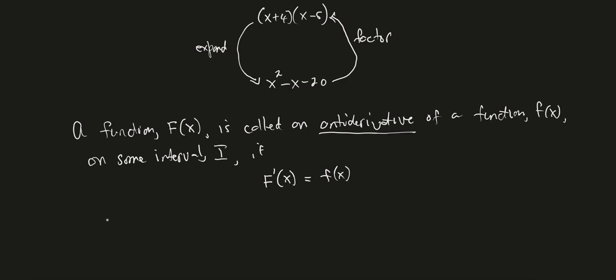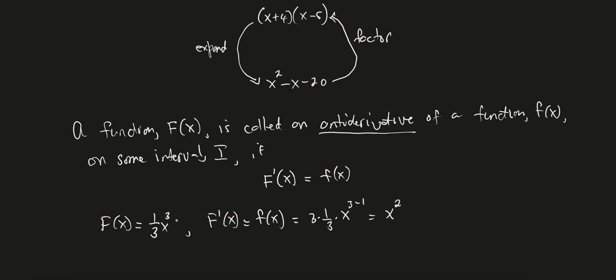So here's just an example. If I have a function like 1/3 x cubed, well, when I differentiate this, and let's say I call that little f, using our power rule for derivatives, we will have 3 times 1/3 times x to the 3 minus 1, so we will end up getting x squared.